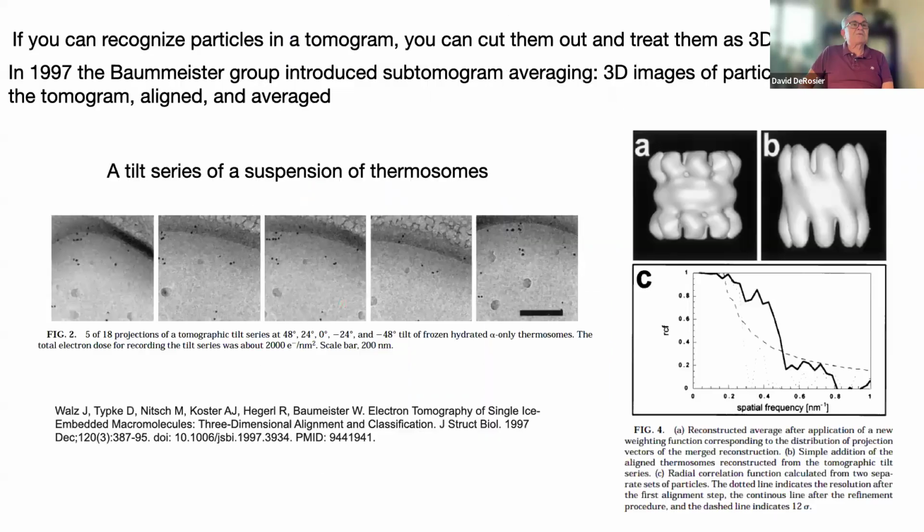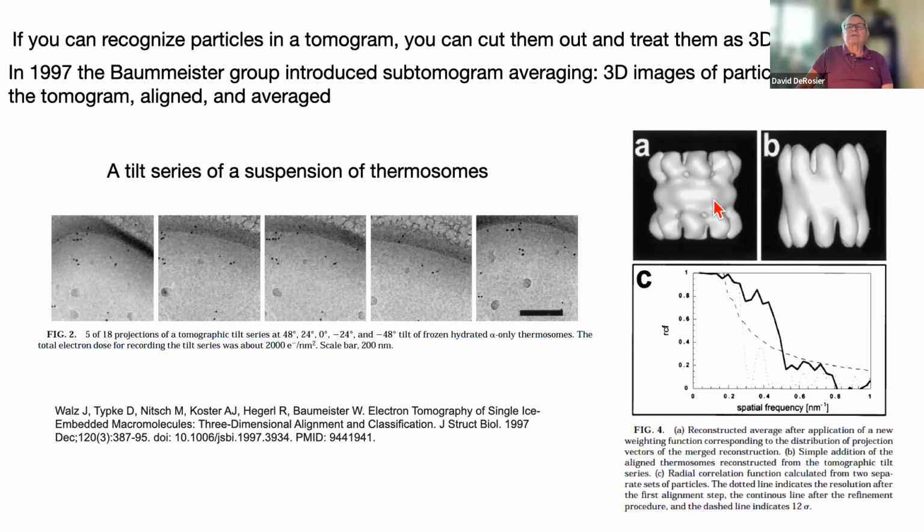Now, if you can pick out a structure, you can also think about doing some averaging. And of course, this was not surprisingly introduced by the Baumeister lab once again. Here is a suspension of thermosomes, and he made a tomographic series of this, not of a cell, but of a slurry suspension of thermosomes. Then he cut out three-dimensional particles from the tomogram and aligned and averaged them.